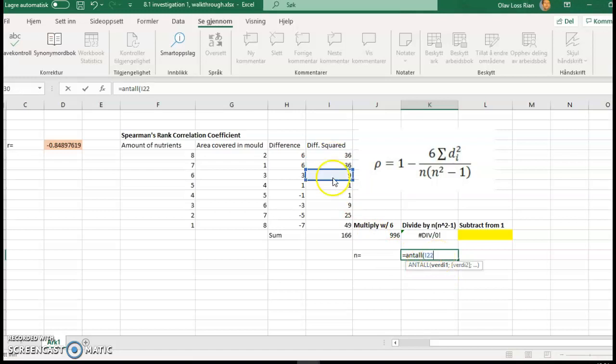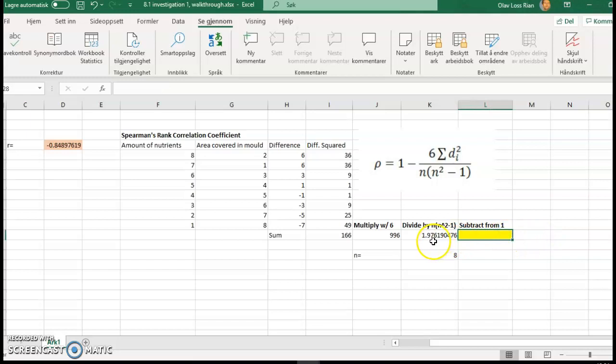So we're going to count the number of numbers in this reference area here. 1, 2, 3, 4, 5, 6, 7, 8. So it should be 8. Yeah. Then you subtract this number from 1. 1 minus this.